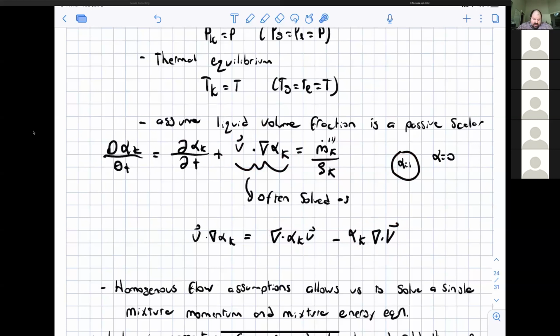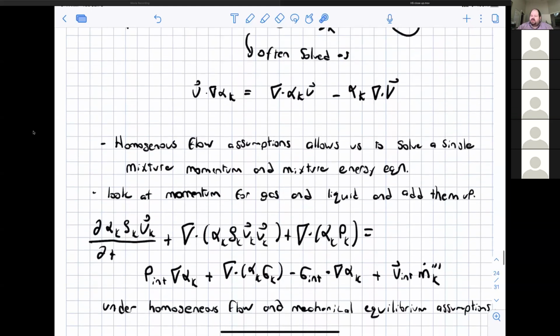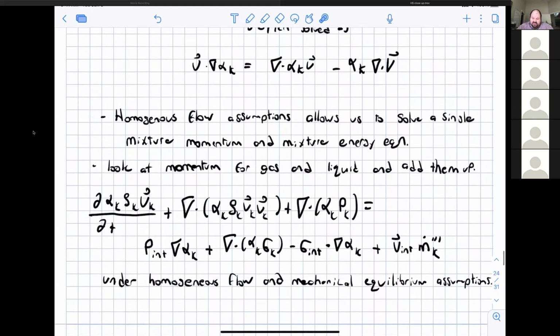Okay. Now, what the homogeneous flow assumption allows us to do is solve a single mixture momentum and a single mixture energy equation.